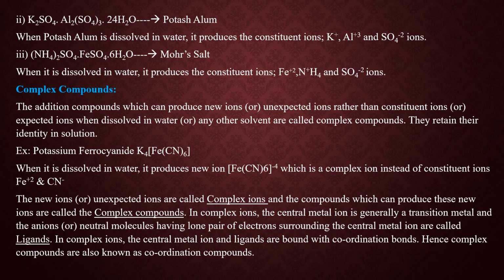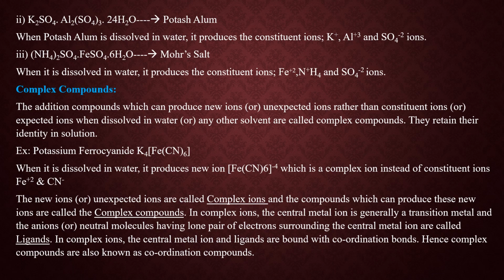Generally it should produce K+, Fe2+ and CN- ions, students. But when it is dissolved in water, it is producing a new ion, that is [Fe(CN)6]4-, which is a complex ion instead of constituent ions Fe2+ and CN-. Hence potassium ferrocyanide is a complex compound.